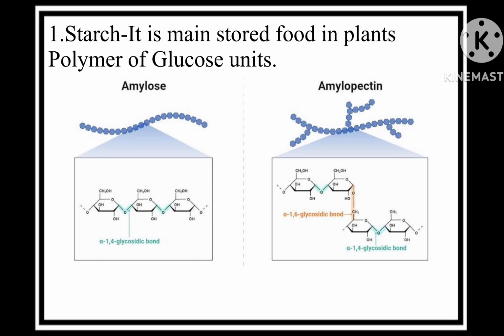When starch forms helical structures, it can hold iodine molecules in the helical portion, which means it is blue-black in color with a positive iodine test. Now amylopectin, we already know, is insoluble and gives a red-violet color with a negative iodine test. And of course you don't need to remember these structures, but you can see in amylose we have unbranched structures, and in amylopectin we have branched structures. You can clearly see on the image.